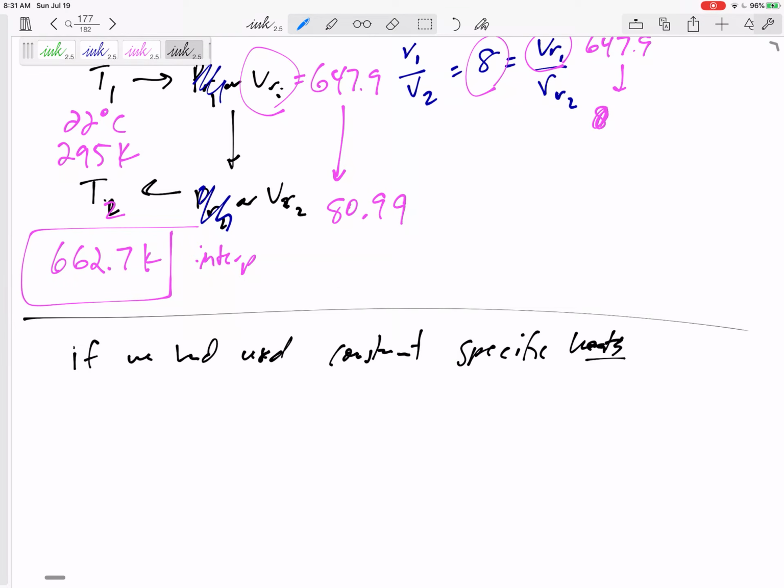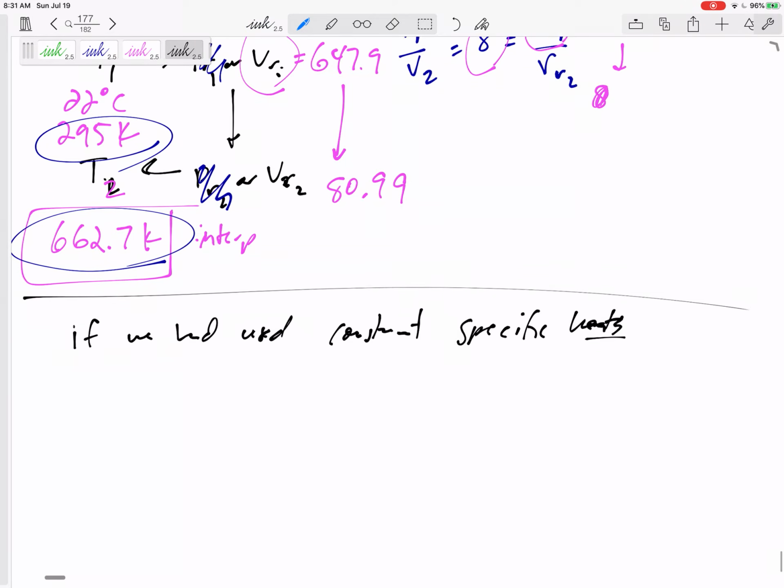Now, the trouble with constant specific heats is that specific heat is not really constant, so especially if it's a large change in temperature, then using constant specific heats could be a little bit off. This is a fairly decent change in temperature, so this might be off by a little bit, but we'll see.